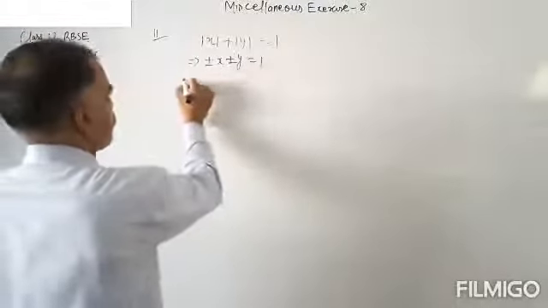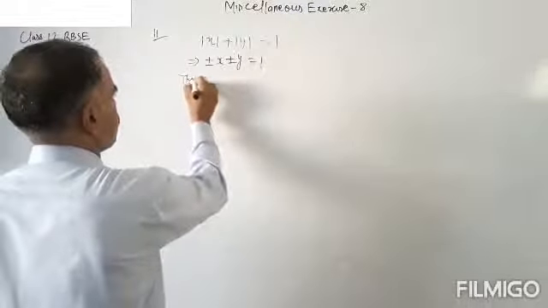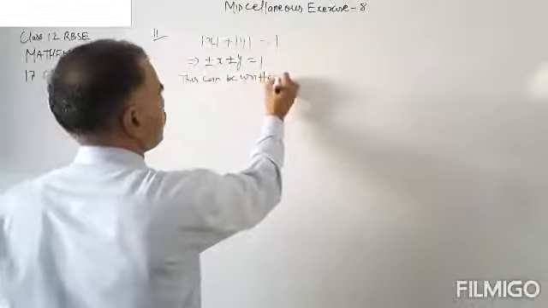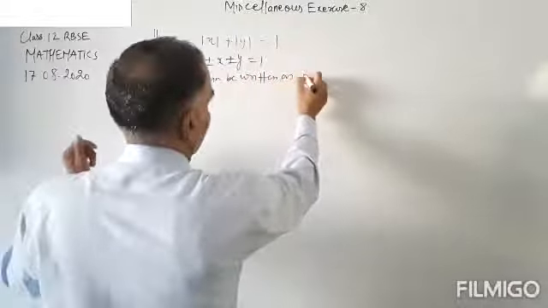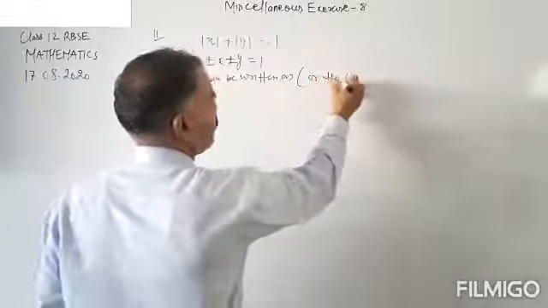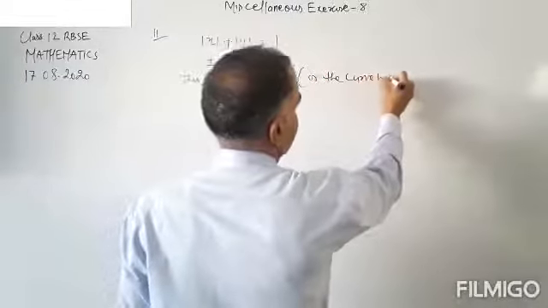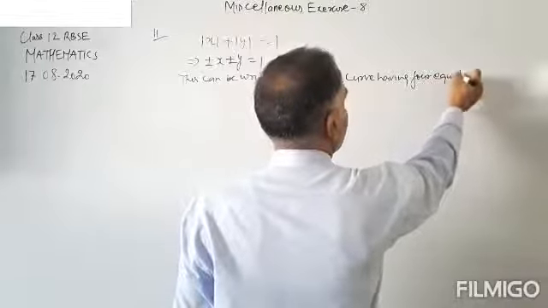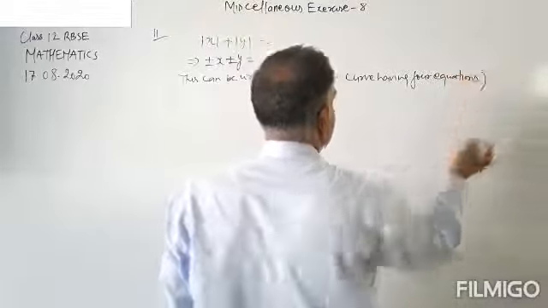Those equations are, this can be written as, the curve having 4 equations. And what are those equations?